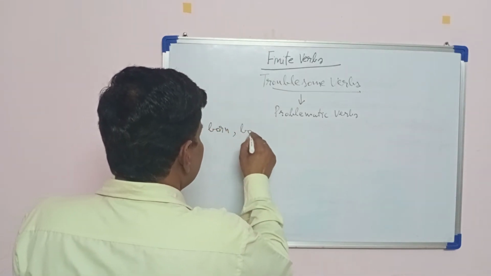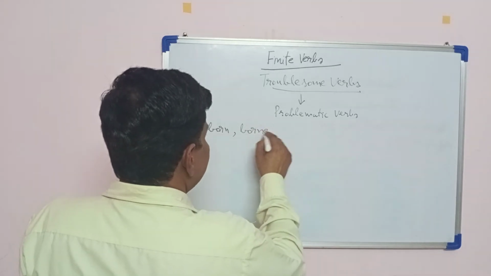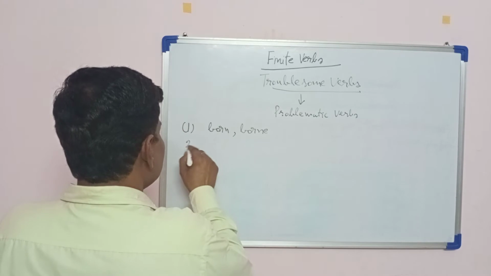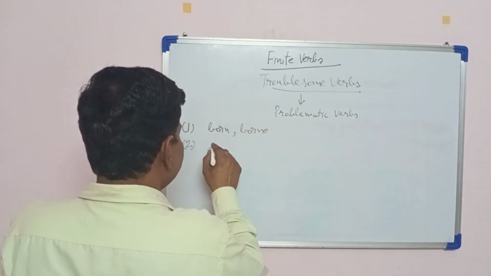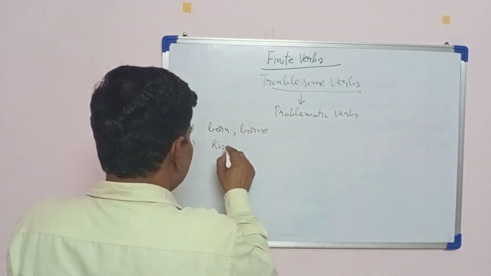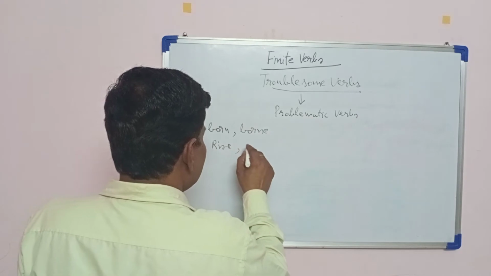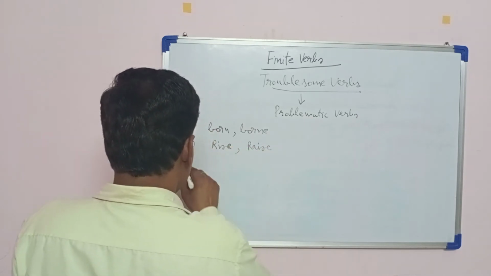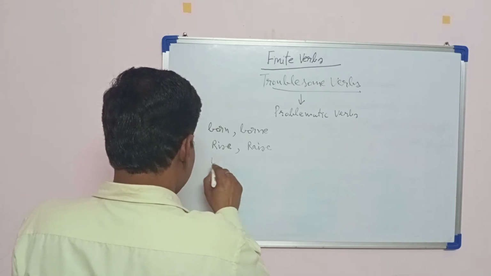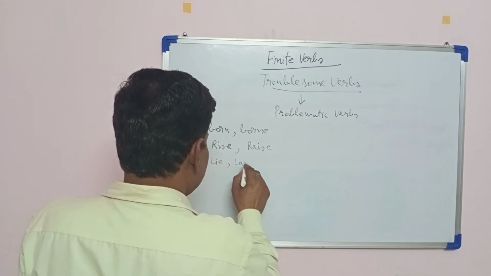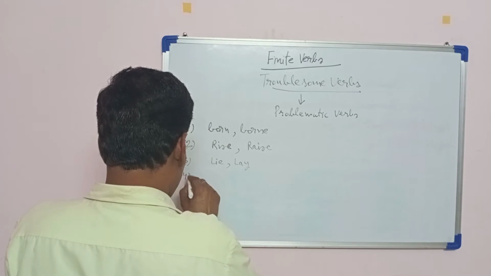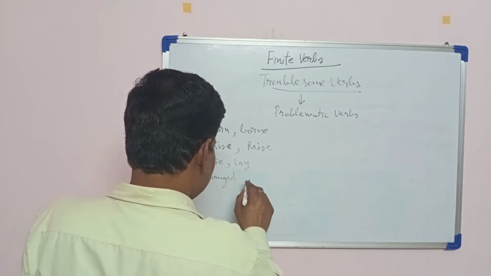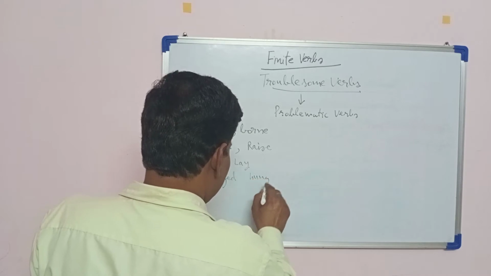So let us understand what these are. Number one, born and borne. Number two, rise, raise. Lie, lay. Hanged, hung.